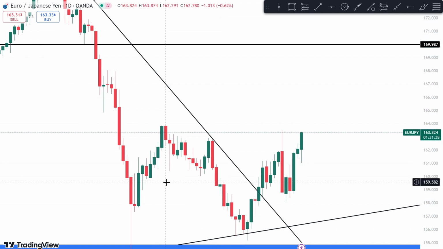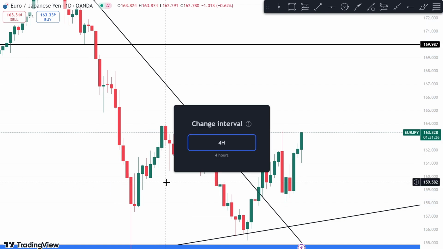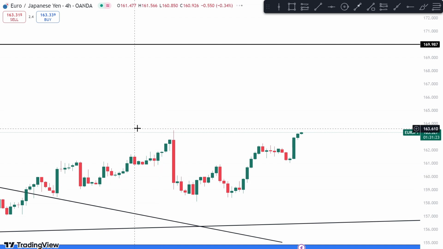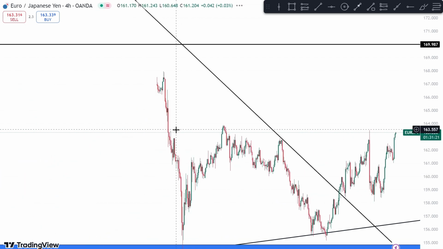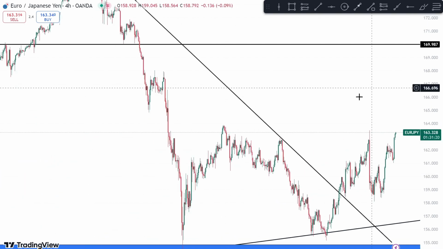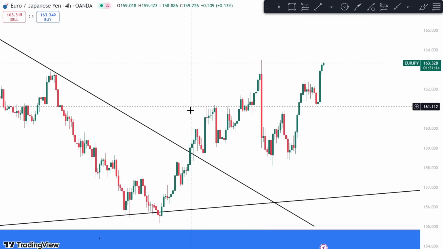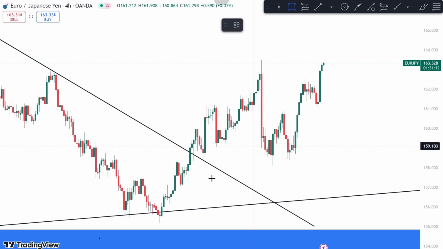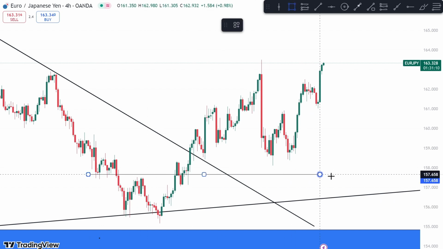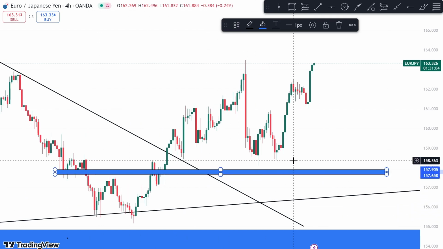So if I'm going to go to the 4-hour chart, remember we're going to be going down time frame by time frame to see what exactly has been happening. And we know that on the 4-hour chart, we have to be looking for buys, and we can clearly see that price is currently playing at that zone right there.